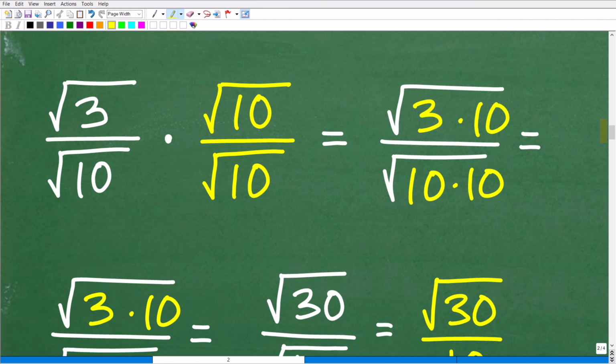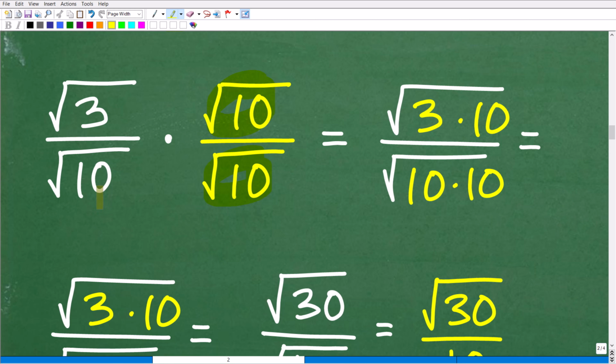But I really want to make sure you understand that you're not breaking the problem. Some of you out there, in your algebra classes, are taught: here's the square root of 10, whatever the square root down here is, multiply both the numerator and denominator by it. That's perfectly fine, but just understand what's going on big picture wise. I think that's a better way to conceptualize and really comprehend the material.